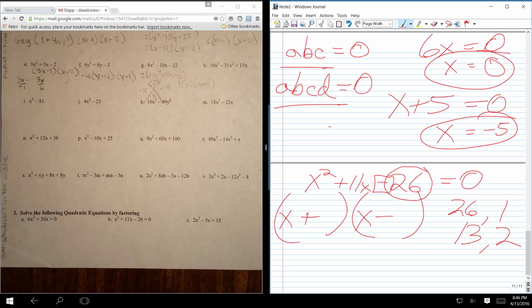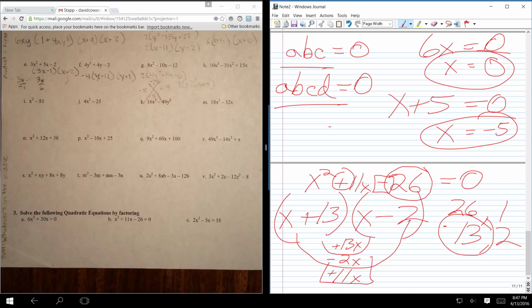Now, there is a fourth step. Whenever there is a minus sign, you have to figure out which number goes with the minus and which one goes with the plus. The fourth step is to take the larger of your two factors, which is 13, and put it with the sign of the middle term. So the 13 goes there, and the 2 goes there. Let's check. That's 13x, that's minus 2x. You get 11x. Awesome. And then you set that equal to 0.